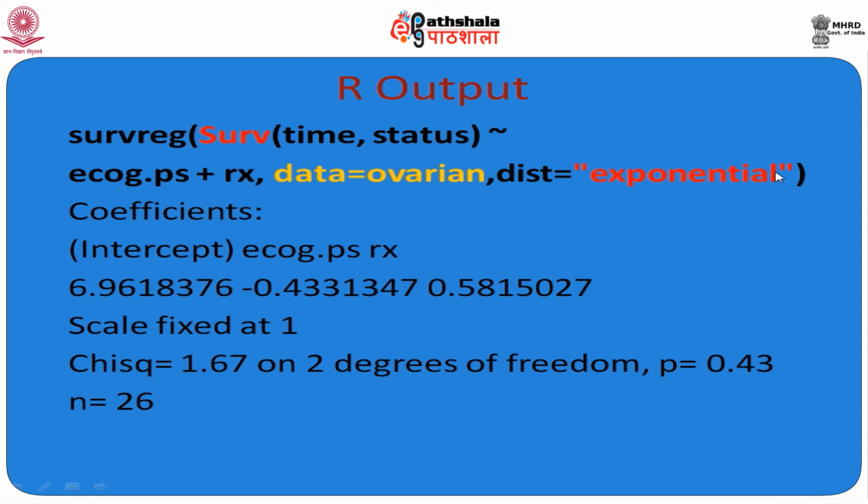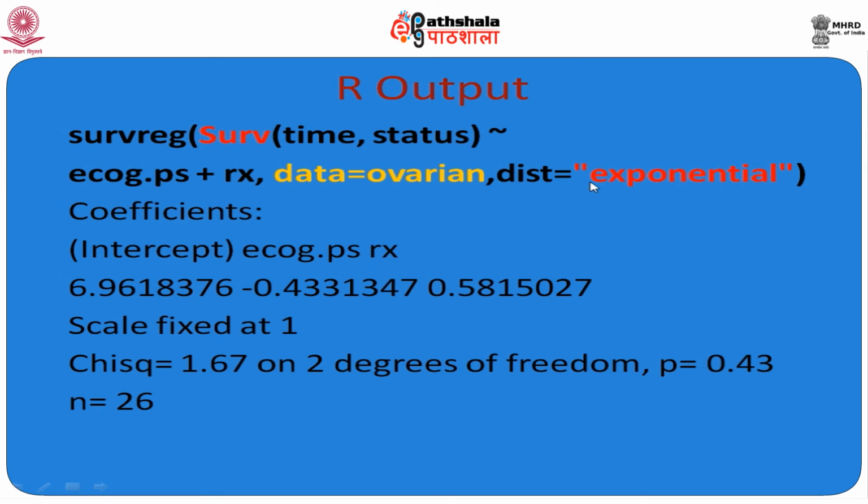However, there is an alternative way to select the best suited distribution based on the Akaike information criterion. Those things we are not coming into details in this R code.